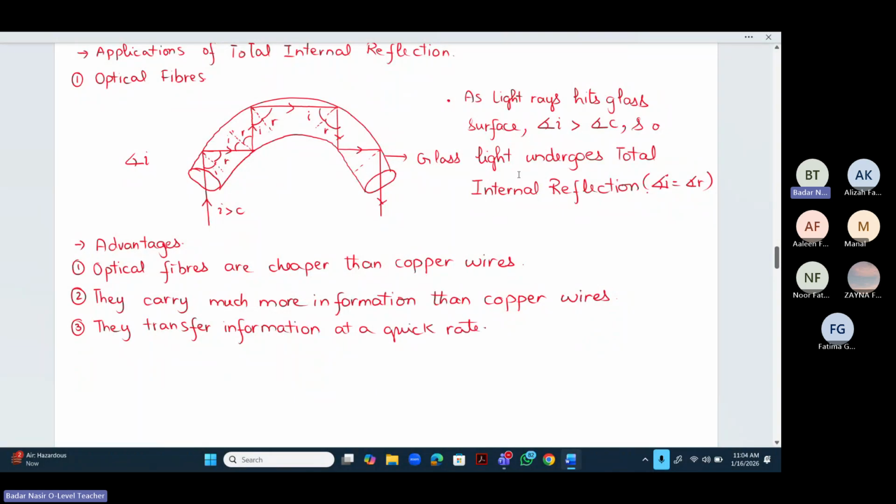And they are lighter and easy to handle. So copper wires, since they are totally metal, the metal is much heavier compared to this. So these are lighter and easy to handle than the copper wires.